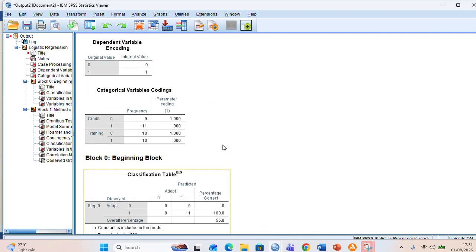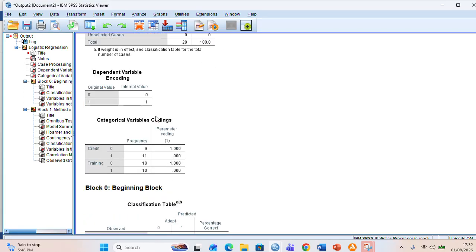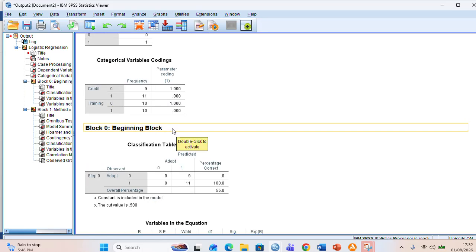So we have our results, and then we can start doing some interpretation. We have this case processing summary, which shows you the number of cases that you had in your data. So we had 20 cases, and we don't have any missing cases. For the dependent variable encoding, it is giving you the binary 0 and 1.